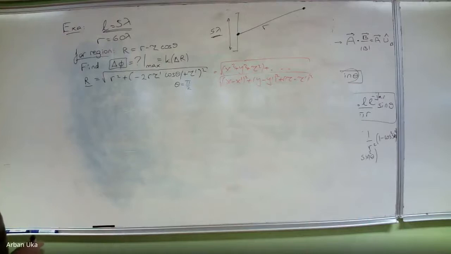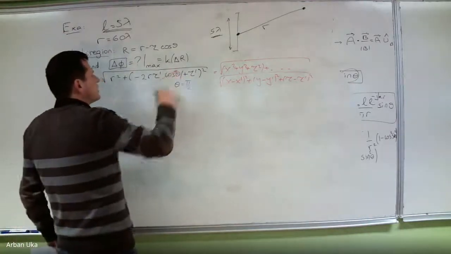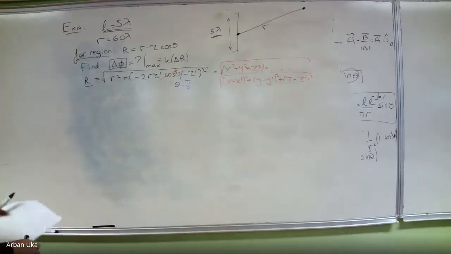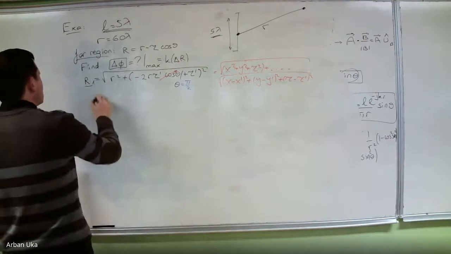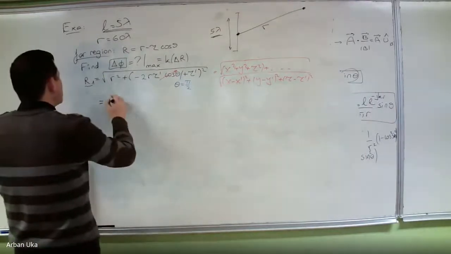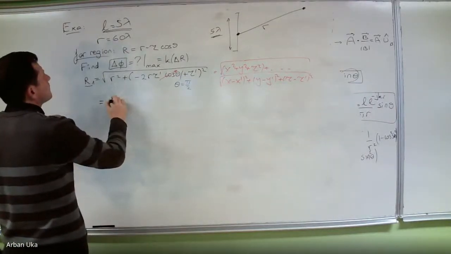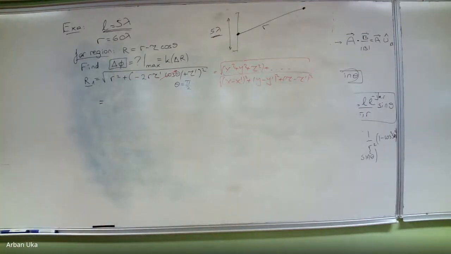If this is pi over 2, then the cosine term converges to 0, and in that case this is capital R, or that's R1. This can be written as, wait a second, so this is Z1, Z1 squared.